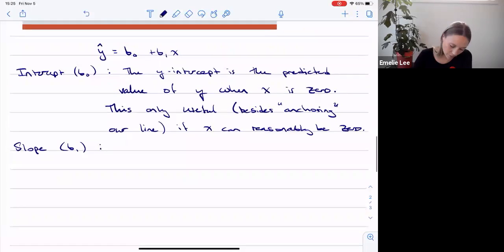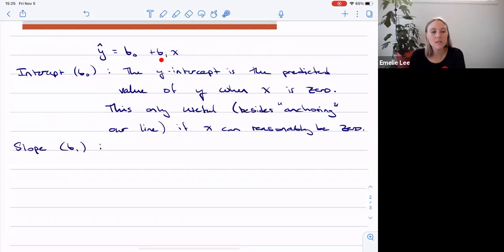So the slope, which is your b1 in this case, says that by definition, for each unit increase in x, so if I increase x by 1 unit and the y-intercept stays the same, then if I go from x equals 0 to x equals 1, for example, I see a slope increase in the predicted value of y.